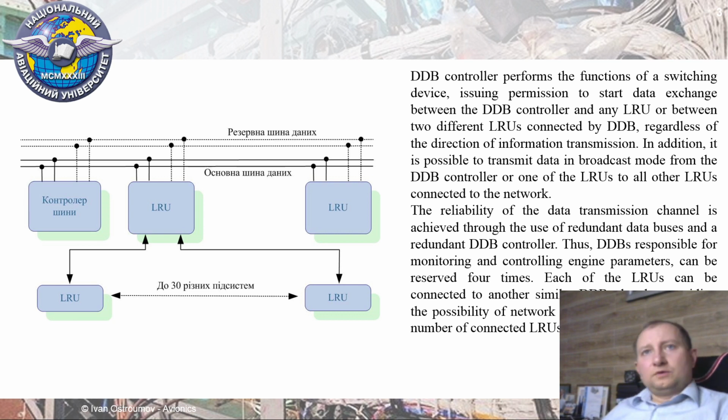Also, based on multiplexing topology, each LRU can be like a switch for packages and can support its local subnetwork of up to 30 LRUs. Thus, MIL-STD-1553 supports federated avionics architecture.